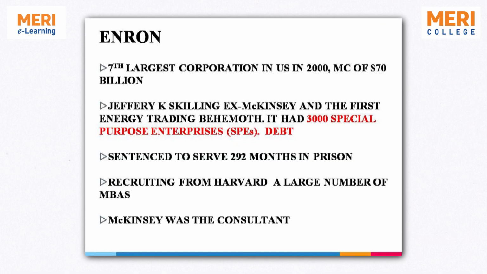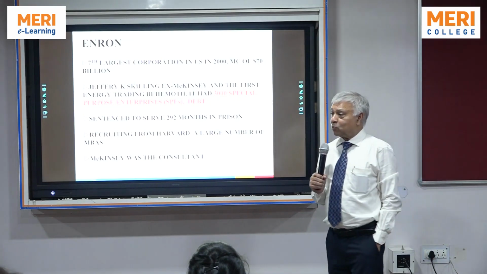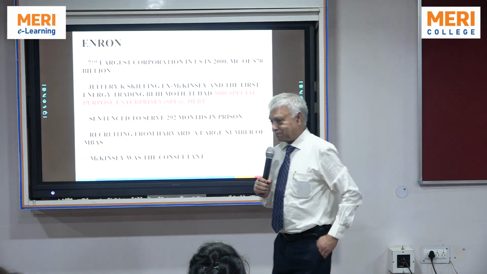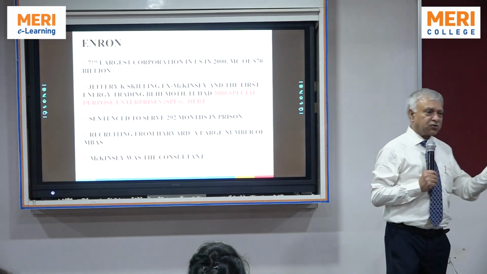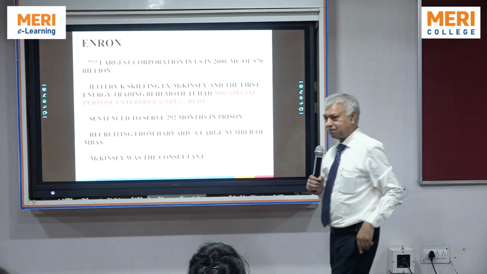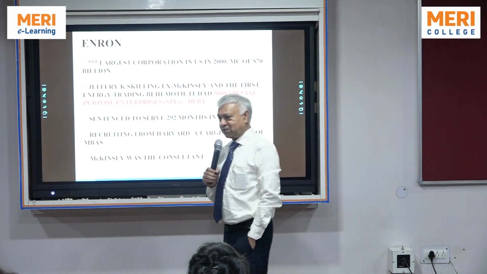Enron. Now everybody knows them as crooks. Jeffrey Skilling was basically trying to create an Amazon of energy, and he was ex-McKinsey; McKinsey was their consultant. One important point: in order to get debt, they created 3,000 SPEs, special purpose entities.